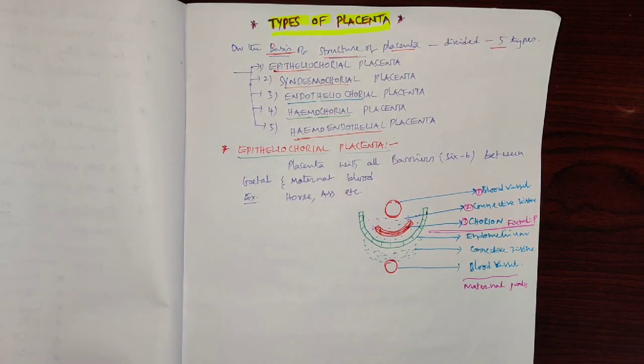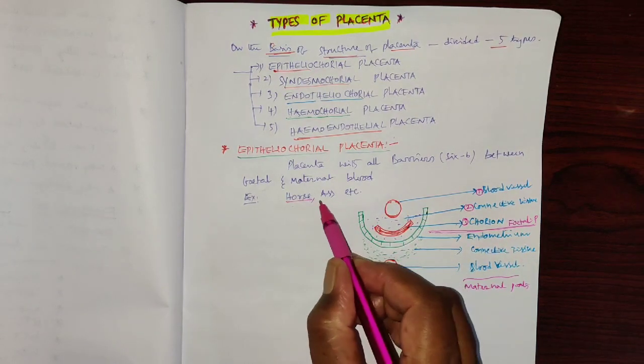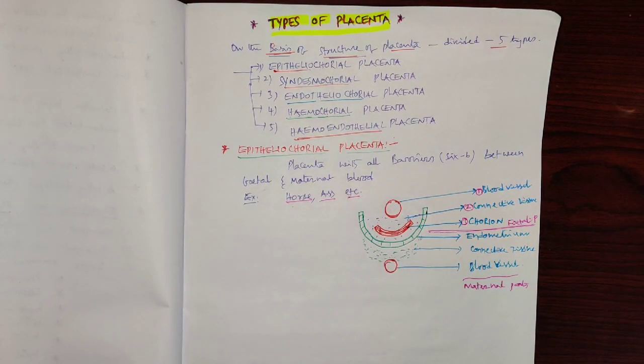So this type of placenta is seen in animals like horse, ass, etc. Now let's go on to another placenta.